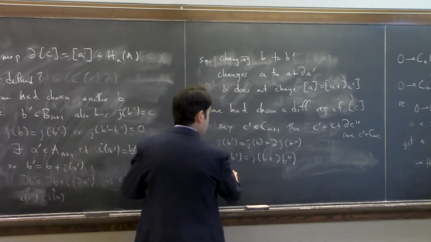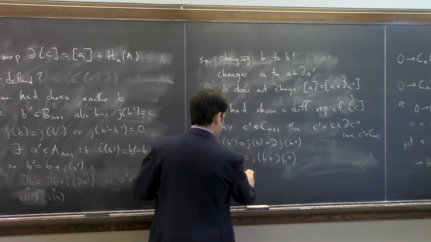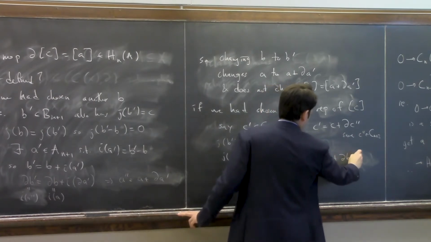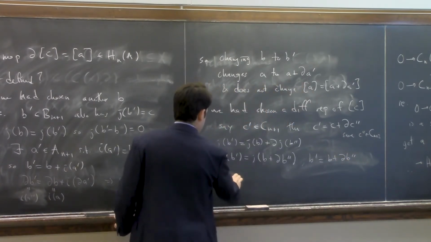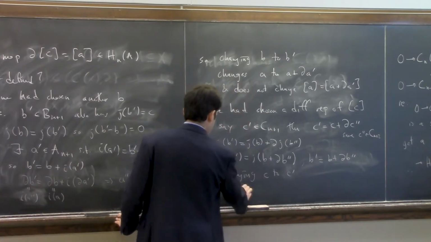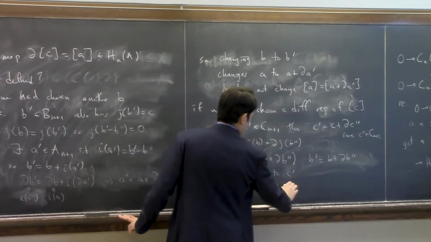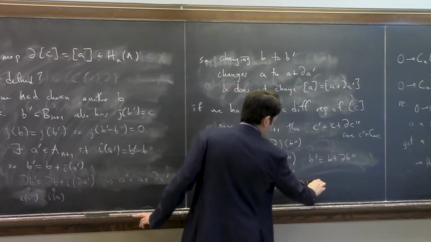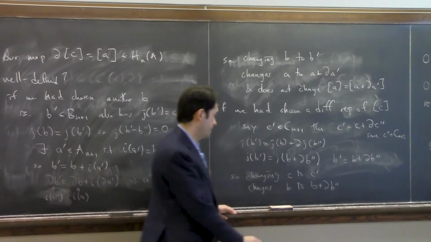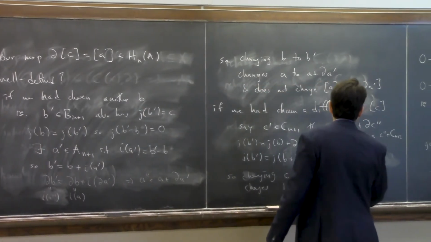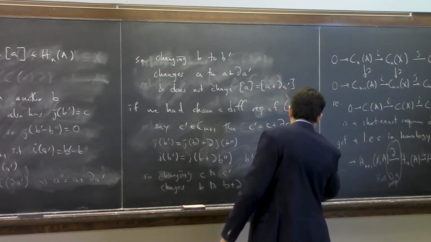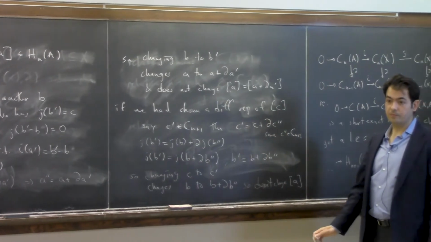So let's say we just choose B prime to be B plus boundary B double prime. So changing C to C prime changes B to B plus boundary B double prime. And we already know that changing B doesn't make any difference. It does not change the class of A.